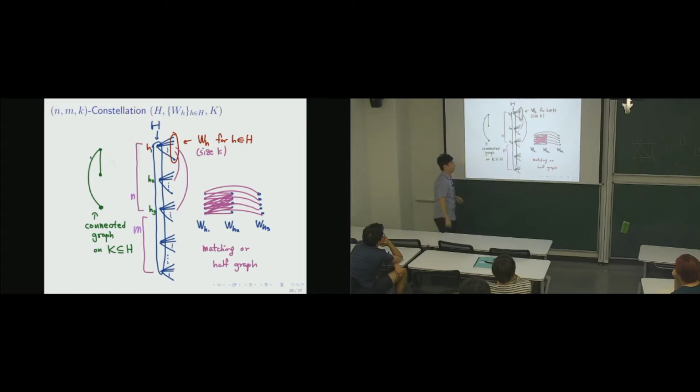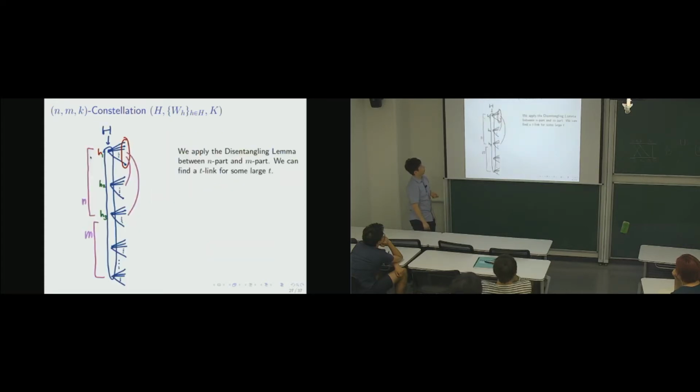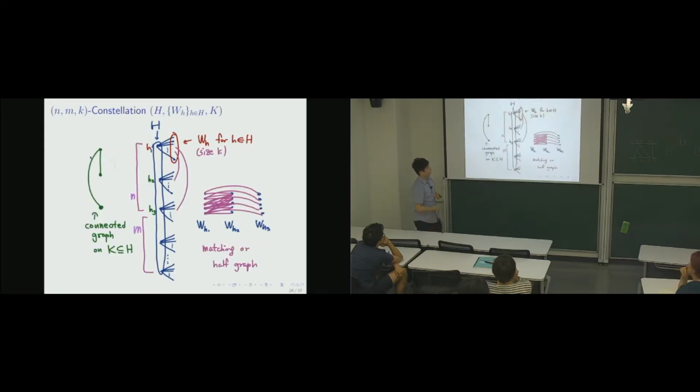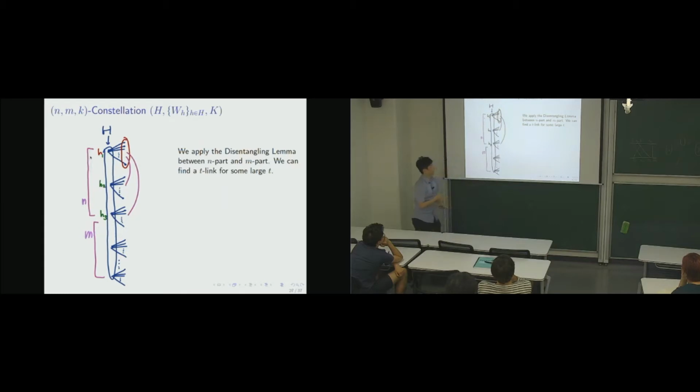From that, how do we connect these guys and these guys, right? We applied this disentangling lemma between these n parts and n parts. Maybe at the beginning you just cut one thing and then the rest.